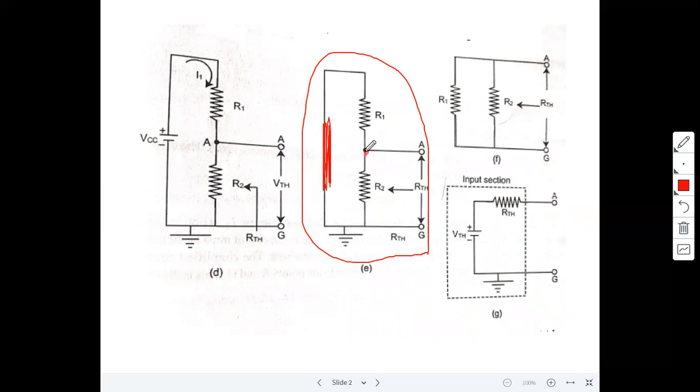With respect to this point A, these two resistors R1 and R2 are in parallel, equivalently drawn here with R1, R2, A and ground. So R1 is parallel to R2.